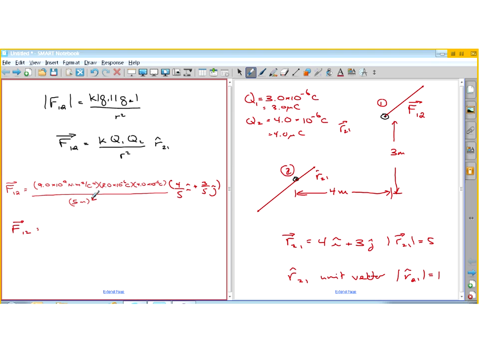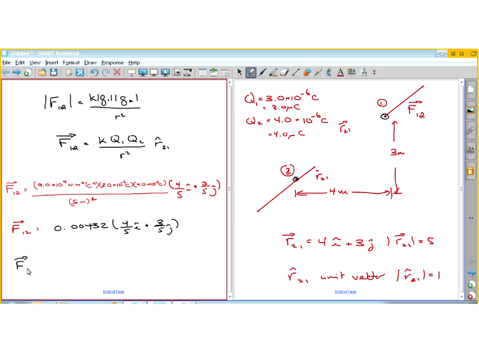Okay, 5 squared. So the numbers in front are 0.00432 times 4/5 i plus 3/5 j.